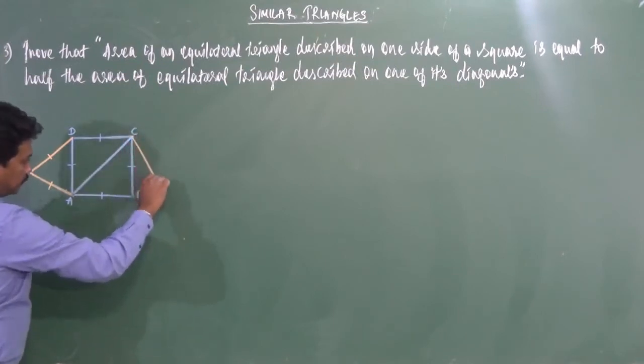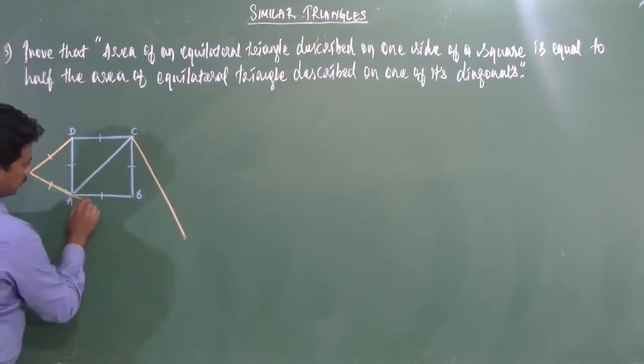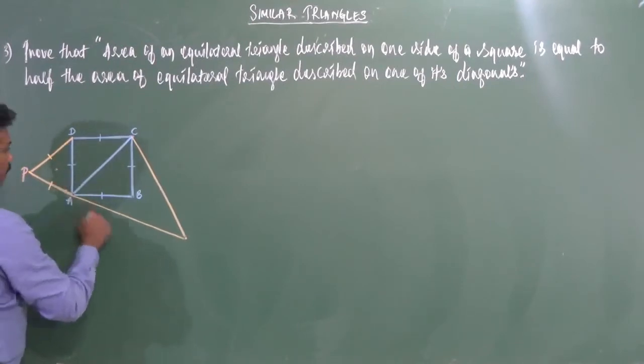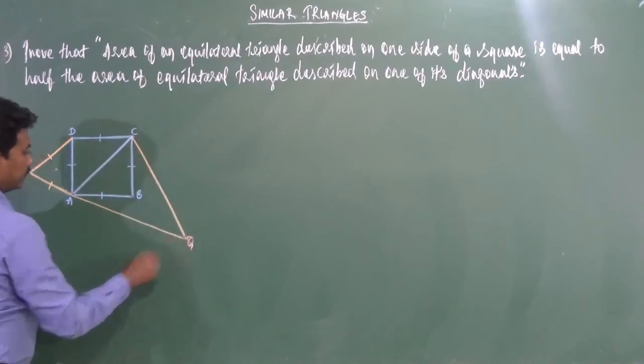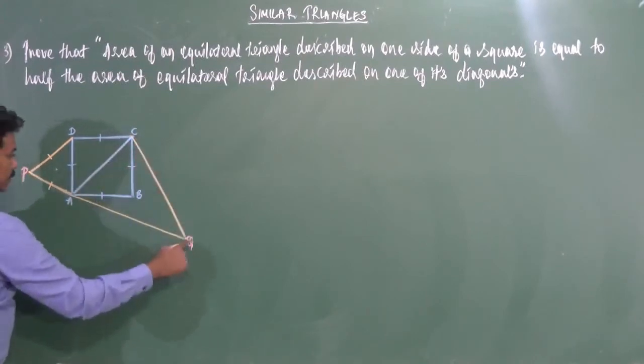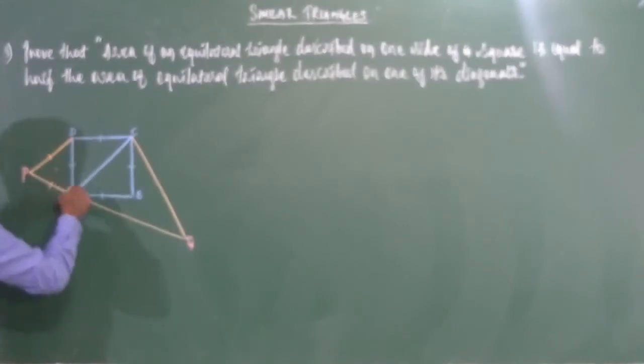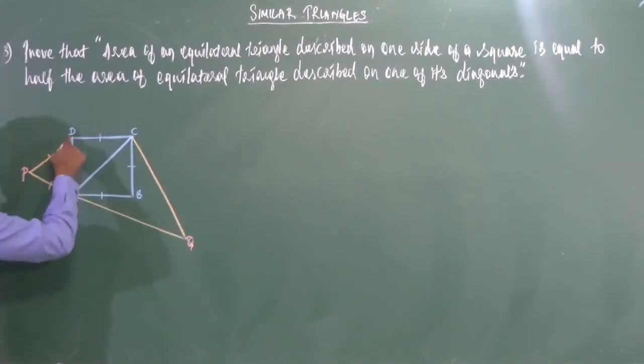Okay, they have constructed an equilateral triangle here. So this is the equilateral triangle. So now we will name this. So let APD be one of this triangle and AQC be another triangle, right? So this is the equilateral triangle described on the diagonal of the square, and this is the equilateral triangle described on the side of the square.